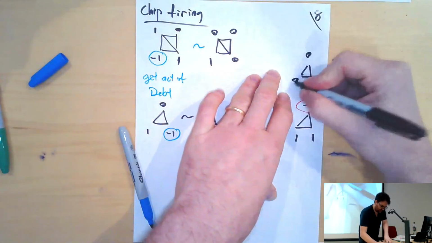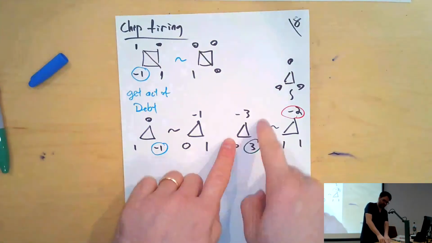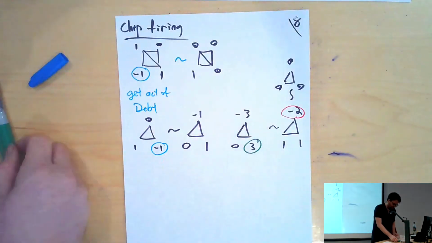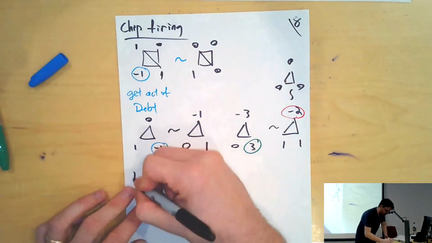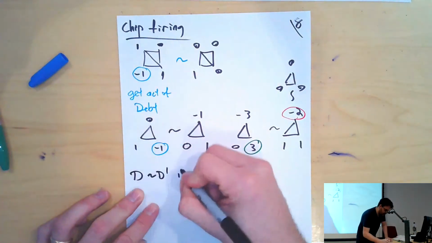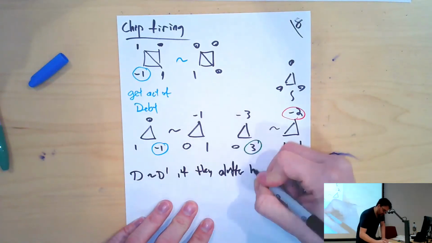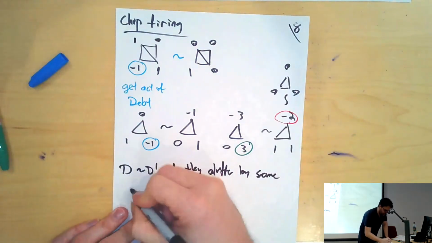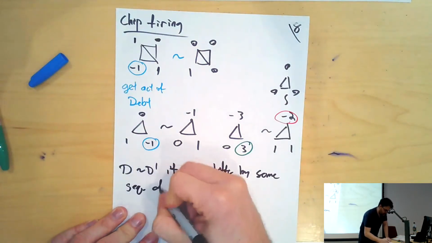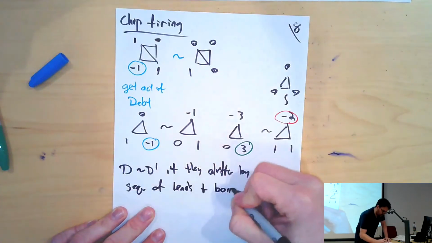That's 0, 0, 0. And it's not a coincidence that there are 3 edges and there is a 3 there. So this gives you a notion of linear equivalence. So we say that D is equivalent to D prime if they differ by some necessarily finite sequence of lends and borrows.